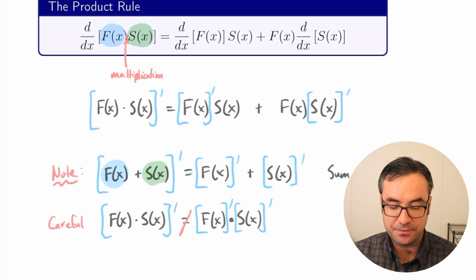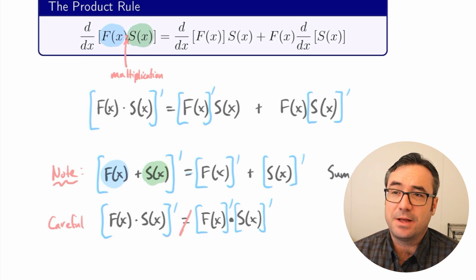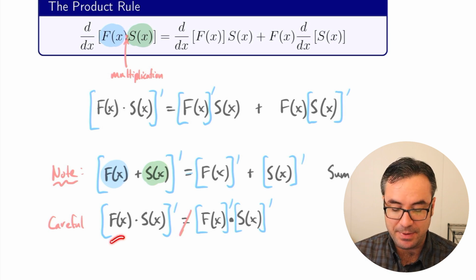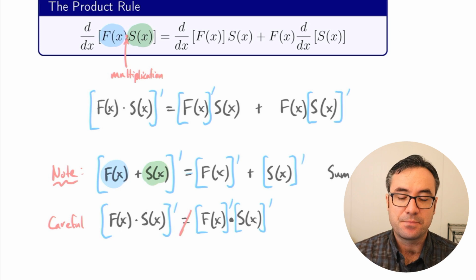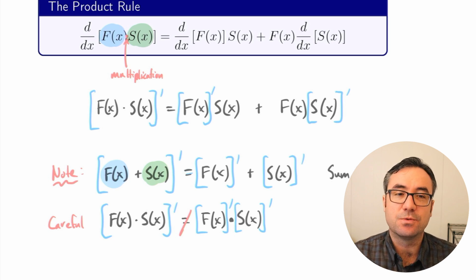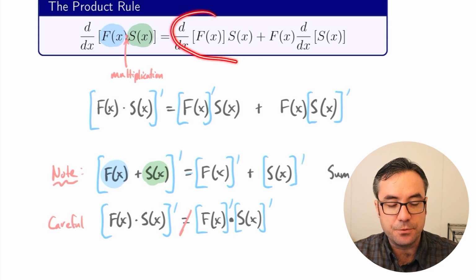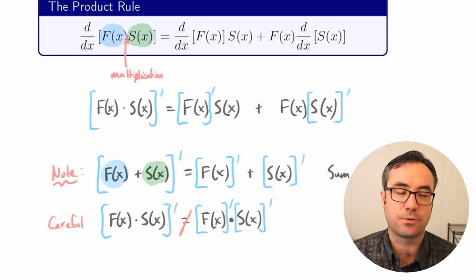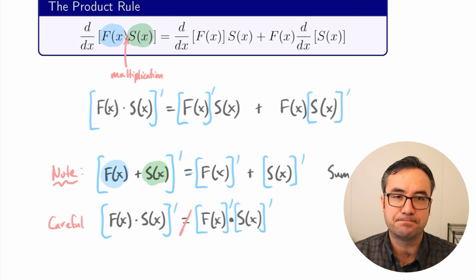This would seem to make sense, but unfortunately multiplication doesn't work out that way. Instead, we have to use this extended product rule. And this actually calculates the derivative for us.